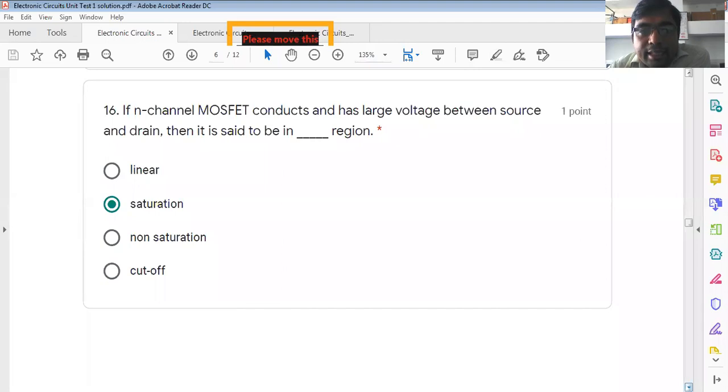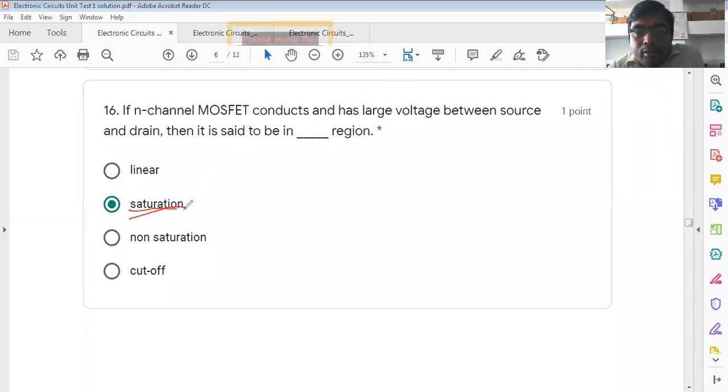If the N channel MOSFET conducts and has a large voltage between the source and drain, then it is said to be what? The options are linear region, non-saturation, saturation, cutoff. Obviously, when there is a large voltage difference between the source and drain terminals, it is working in the saturation region.